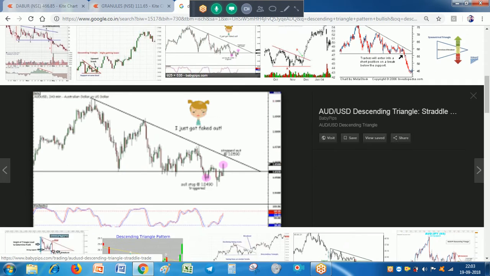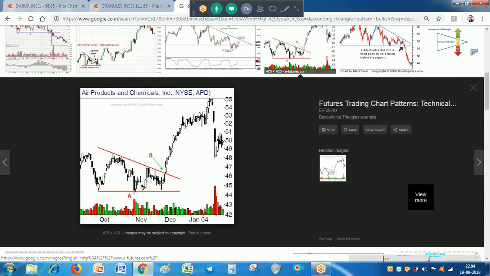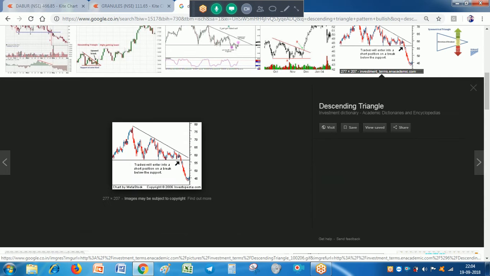Look at this, friends, how it looks. We need to identify these patterns. See here, it made the same pattern. This time it gave a positive breakout, or we can say a bullish breakout.